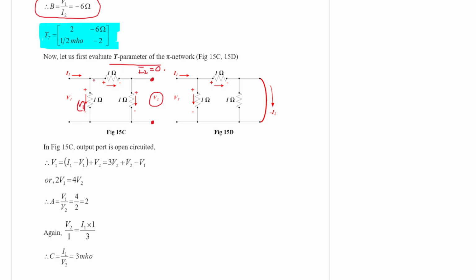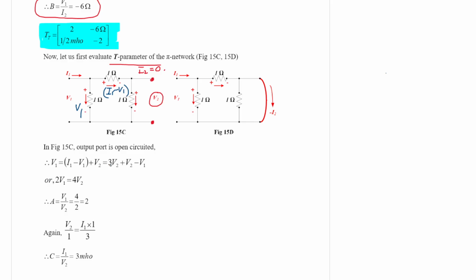So let us solve one by one. This current, as is understood, is V1. If this current is V1 and this entire current is I1, then this current must be I1 minus V1.